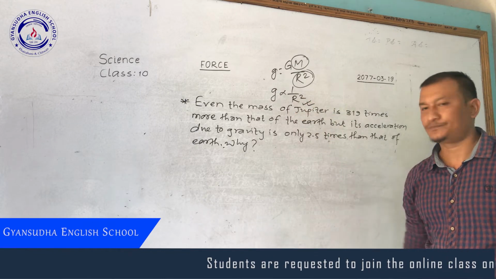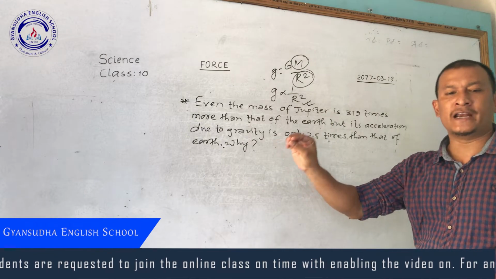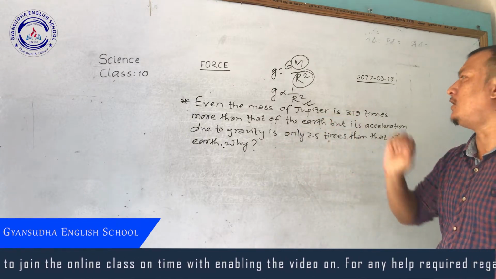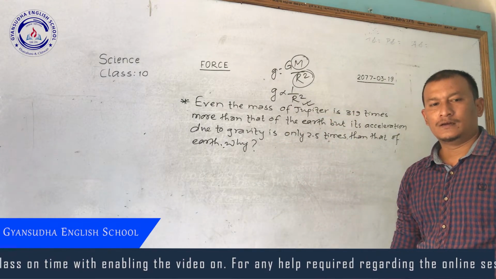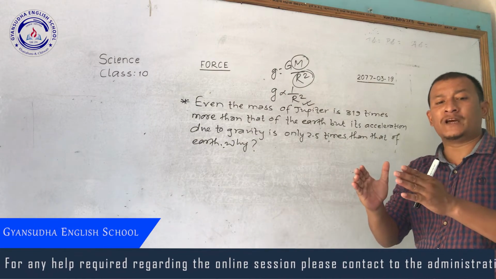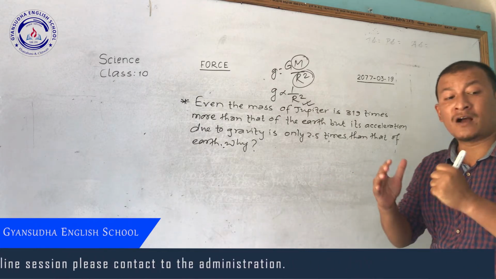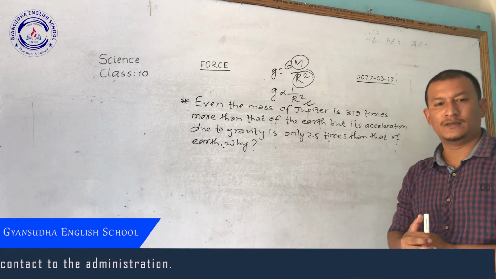Once again listen. The mass of Jupiter is 319 times that of the Earth. Due to this reason, the radius of Jupiter is also too huge in comparison to the radius of the Earth.